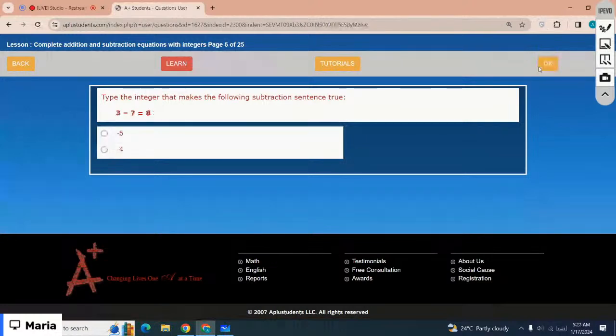Okay, the next one is 3 minus the missing number equals 8. Which number is missing?